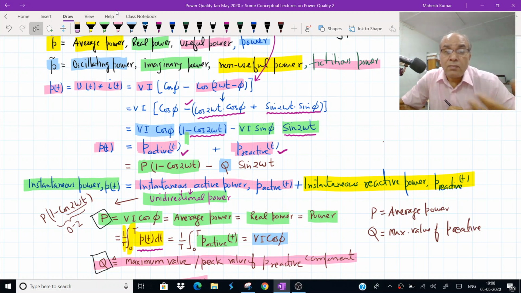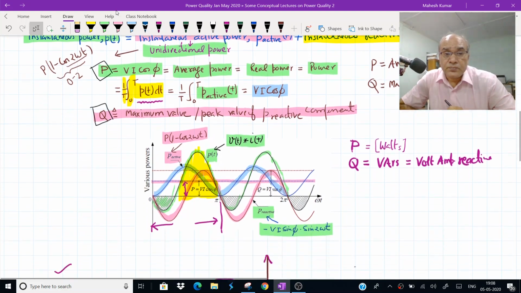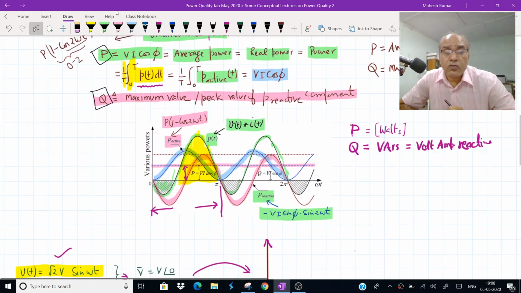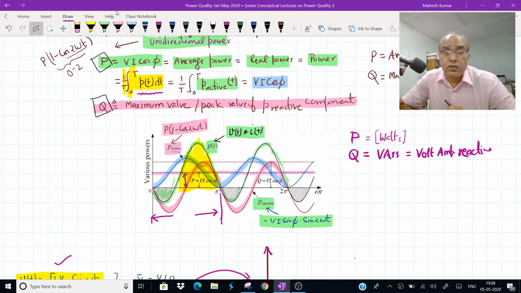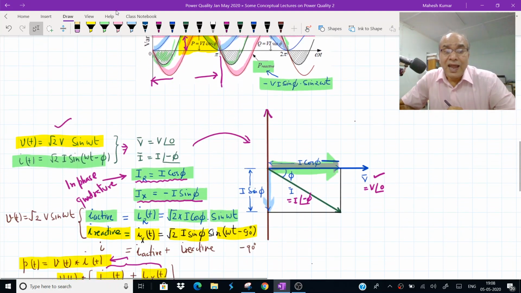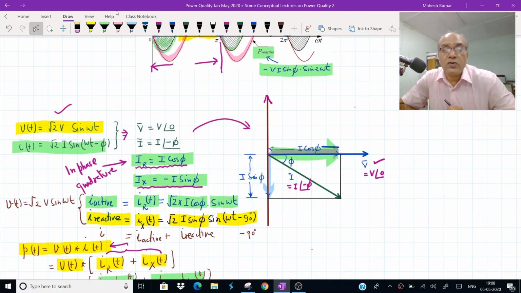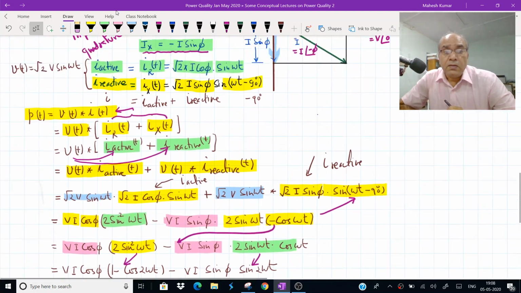You also have learned different components like the average component, and also how the capital P and capital Q are defined, and how we denote these different power components, as well as electrical quantities like voltage and currents.